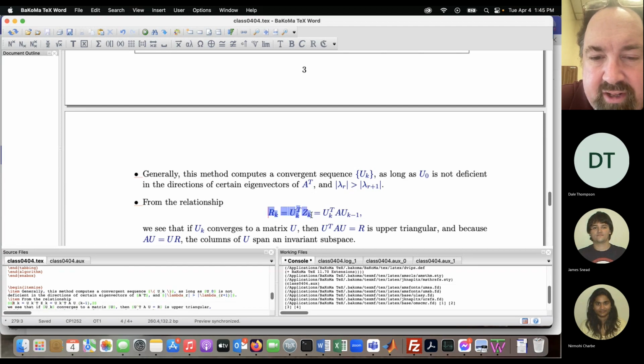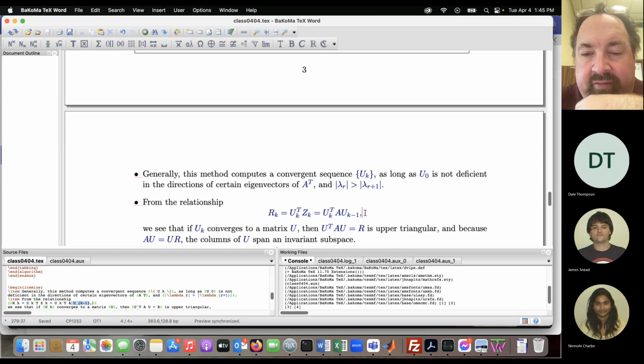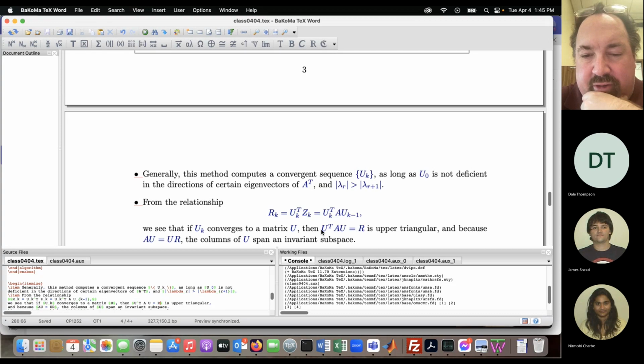Now, so what we have here, this is the QR factorization of ZK, but rewritten so as to isolate RK, our upper triangular matrix, from QR. But ZK was defined in the algorithm to be AUK minus 1. So now we have this relationship. But now suppose that the U's are converging. So in limit, this matrix is equal to this one. So we end up with a relationship like this. U transpose AU is equal to R, and R is upper triangular.